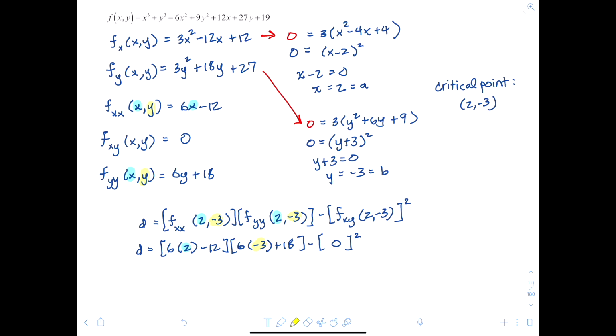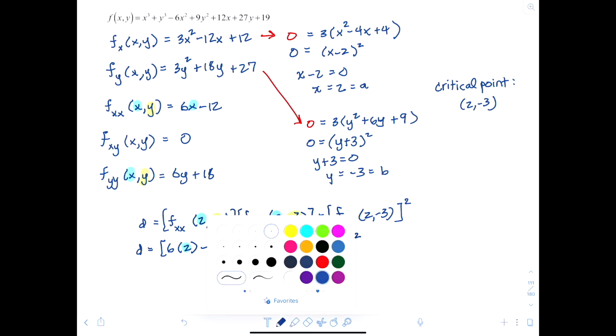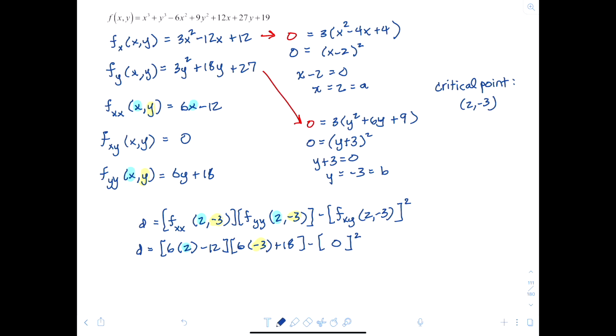And then fxy just was constant, so we didn't have to plug anything in. It always is 0. So that's going to end up being D is equal to 0 minus 0, which is 0.